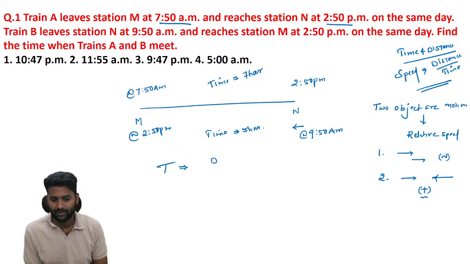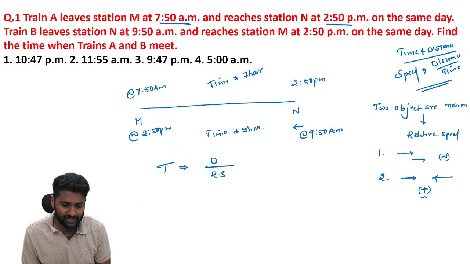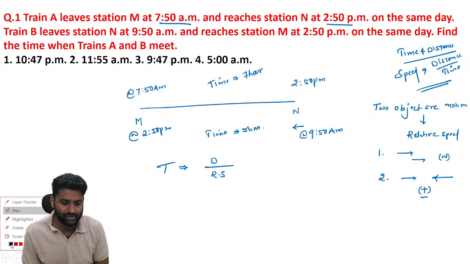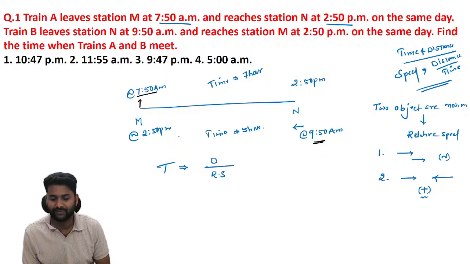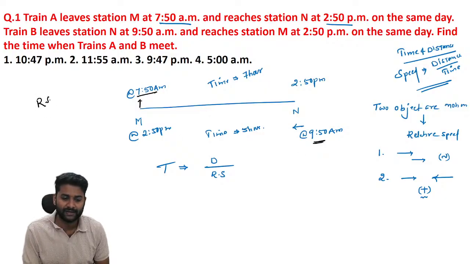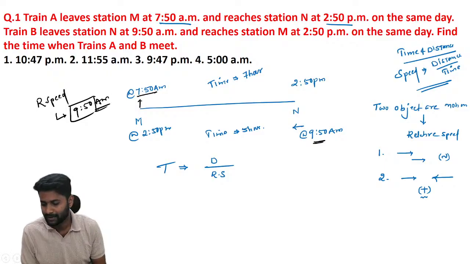Time is all about distance by relative speed. Guys, relative speed applies when both are in motion at the same time. From point M the train starts at 7:50, and from point N it starts at 9:50. So relative speed should be applied at 9:50 a.m., not at 7:50.